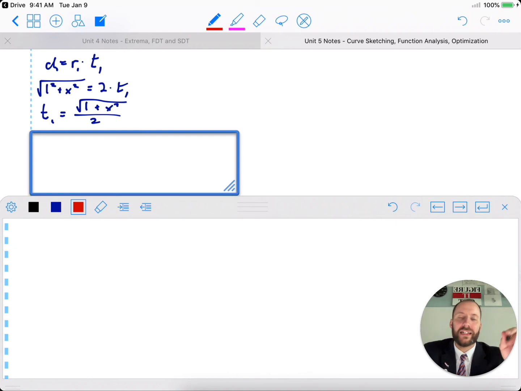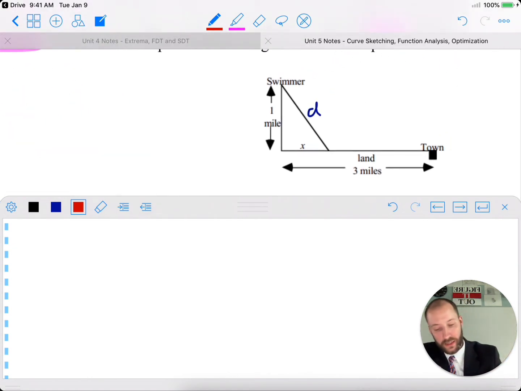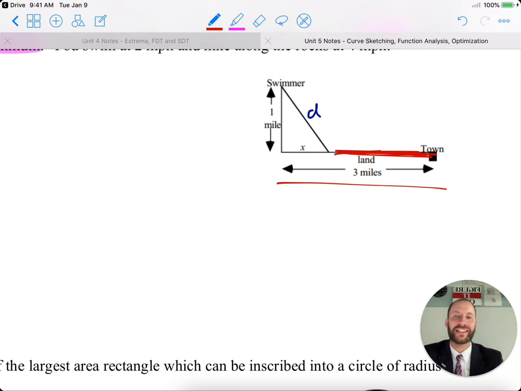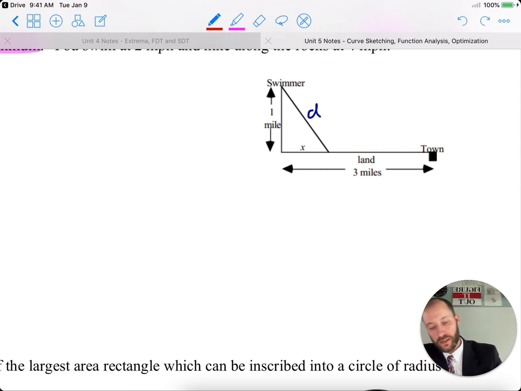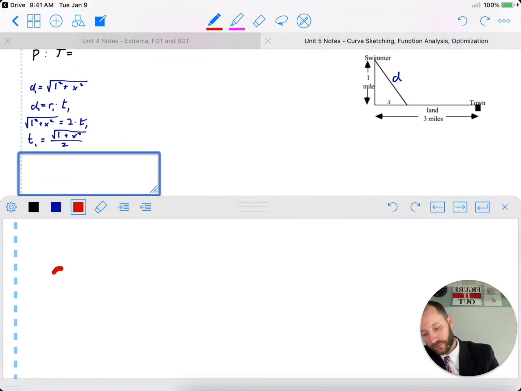Now our secondary equation is, once we get to land, how far we have to walk. So the whole distance is 3 minus x, however far we go diagonally towards the shoreline. So the whole distance 3, take away the x. So d2 is 3 minus x.